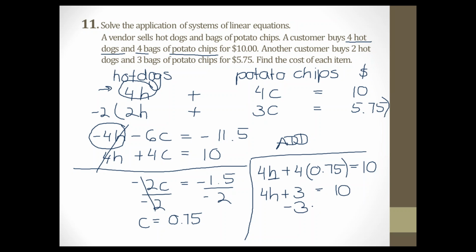So subtracting 3 from both sides, we get 4H equals 7, and then dividing by 4, H equals... we don't want to leave this as a fraction because we are talking about money, and money makes more sense in decimals, so let's convert this into a decimal, and that gives us 1.75.